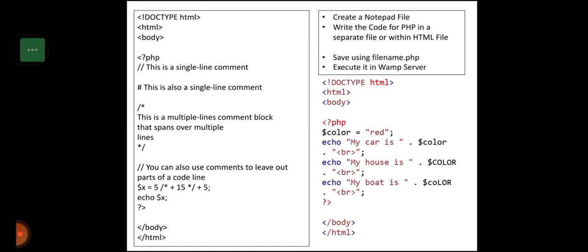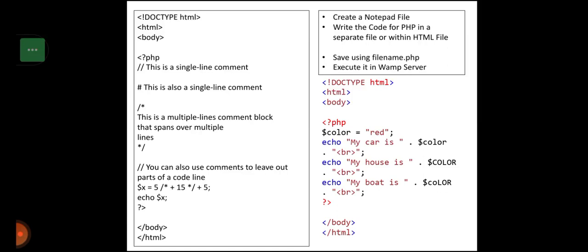Here $x, a variable, equals 5, then we are commenting out plus 15, then again we have plus 5. While executing, the plus 15 will be a comment, so that part will be omitted. Then 5 plus 5, that is 10, will be stored into x. While you are echoing that variable, you get the value 10.